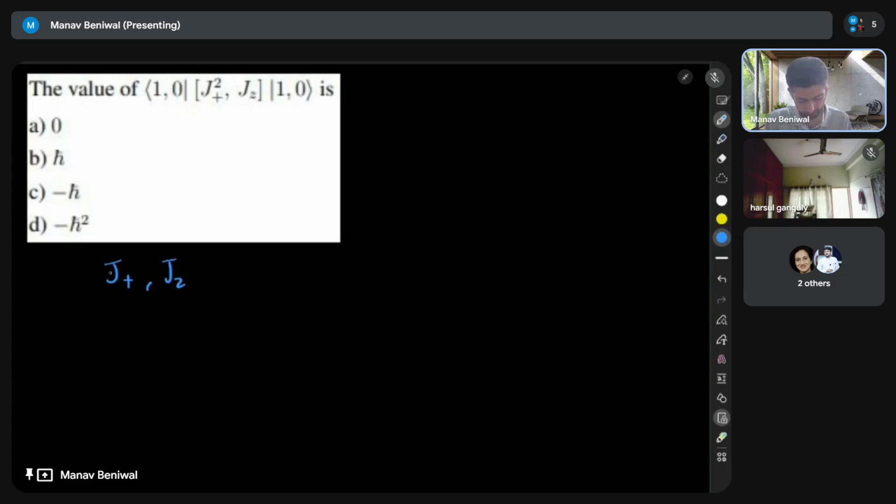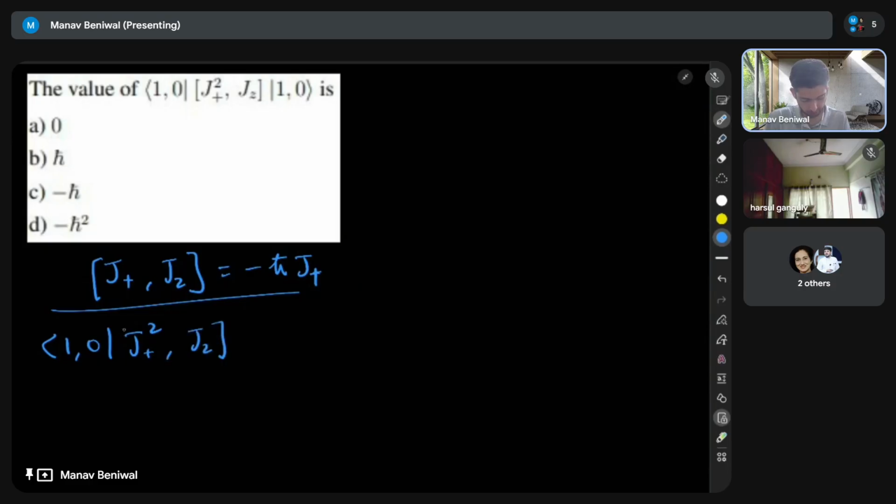We know that the commutator of j plus and jz gives us minus h cut j plus. I'm assuming we know this. Then the matrix element between the states 1 0 of the commutator of j plus squared and jz, and then 1 0.